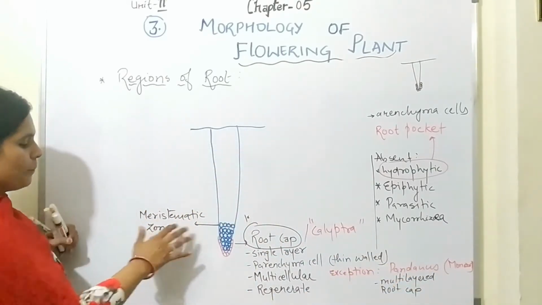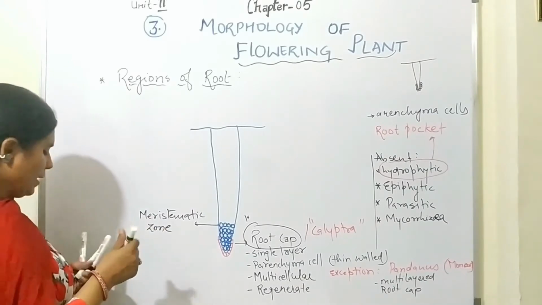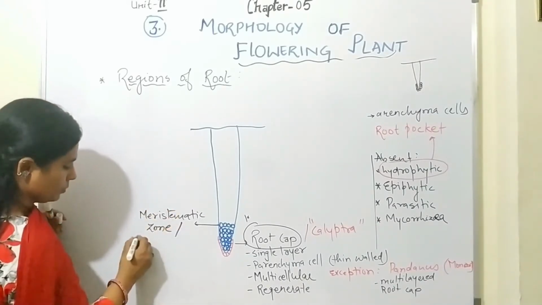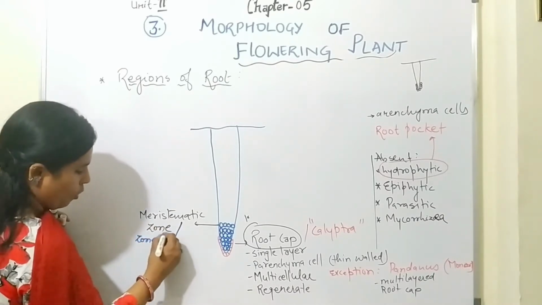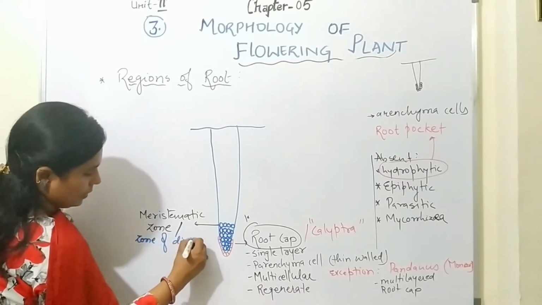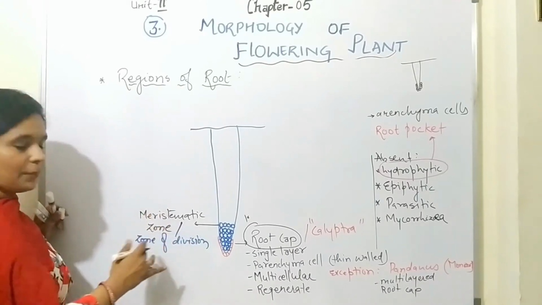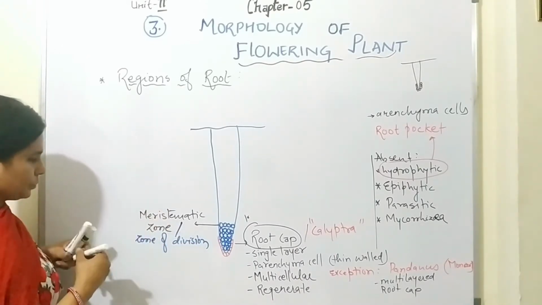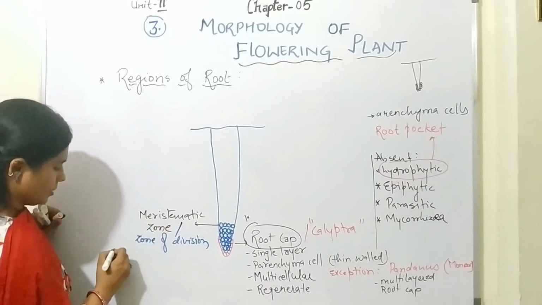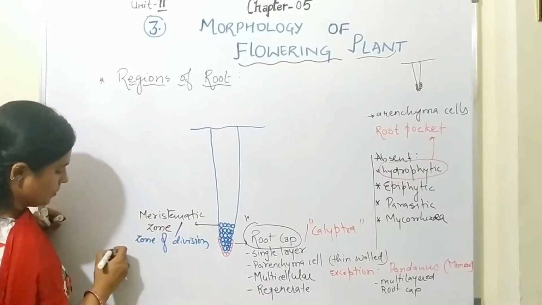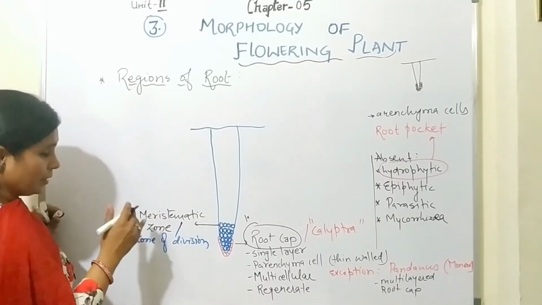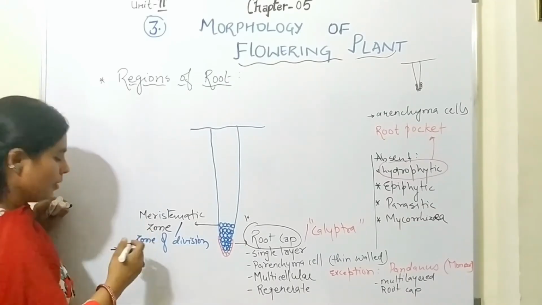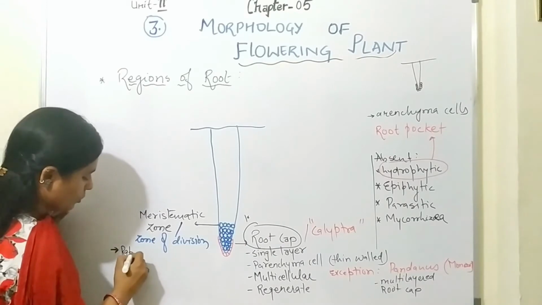Now the meristematic zone. Meristematic zone is also called the zone of division because continuous division happens in these cells. Now let's talk about its characteristics. First thing is, these are cells where rapid cell division will occur.